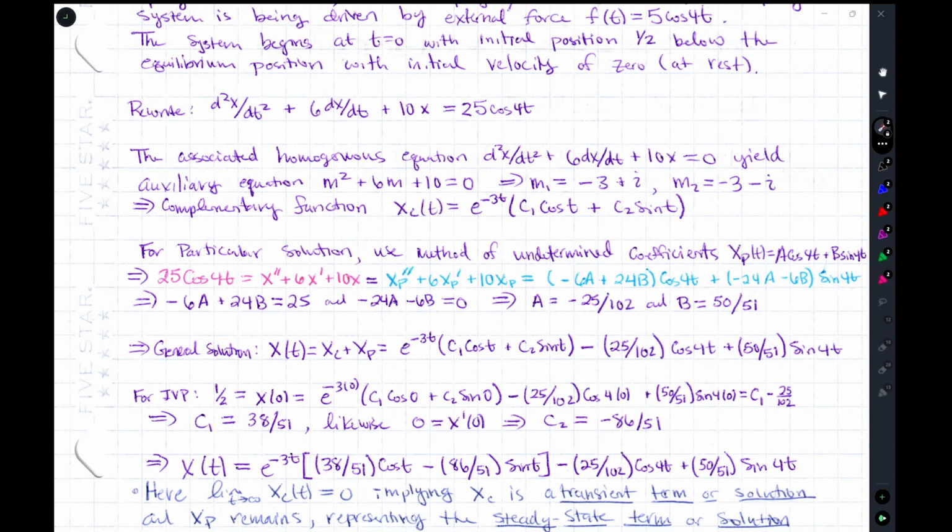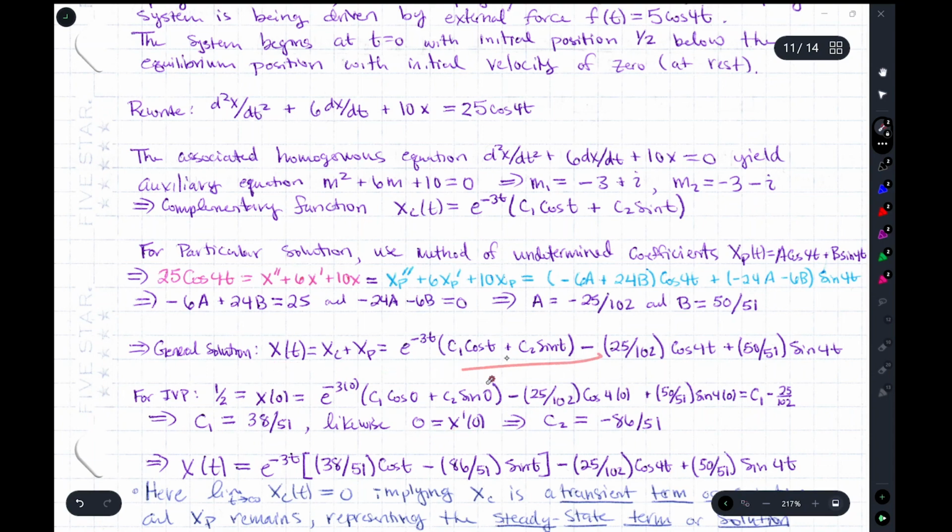How do you fix C1 and C2? You apply the initial conditions. So 1/2 is the initial position at t equals 0, and so we plug in 0 into our general solution, and this gives us C1 is equal to 338/51. And we do the same thing with the derivative, but of course you have to take the derivative.